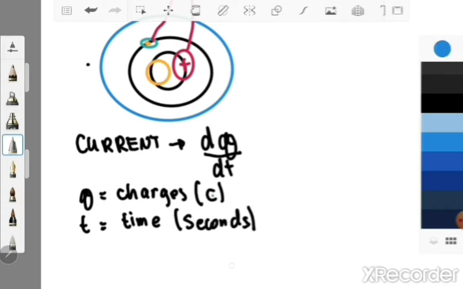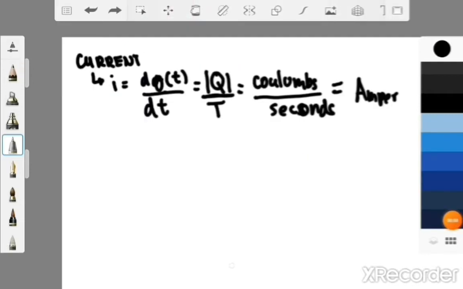Okay, so this is coulomb, right? So your current is the flow of electrons.